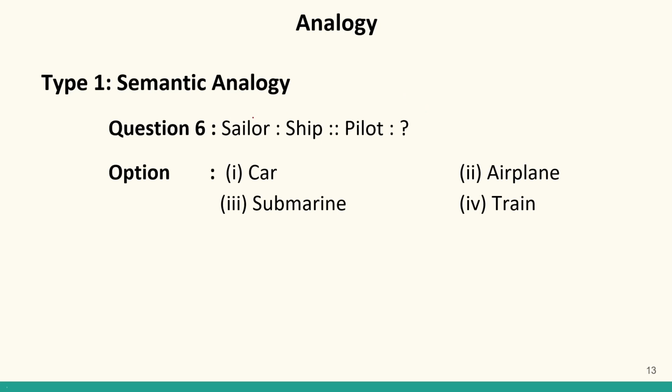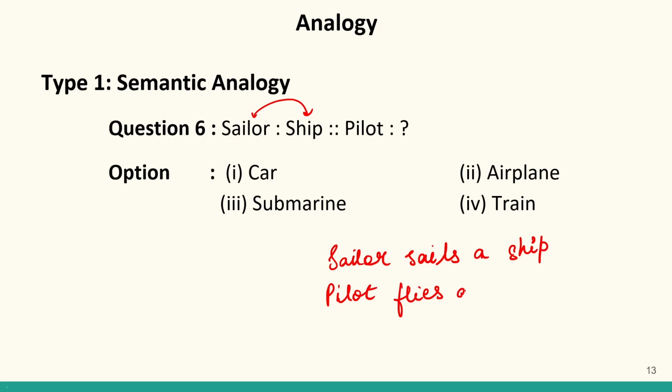So the logical relationship between sailor and ship is that a sailor sails a ship. Similarly, a pilot flies an airplane. So our answer will be option number 2, airplane.